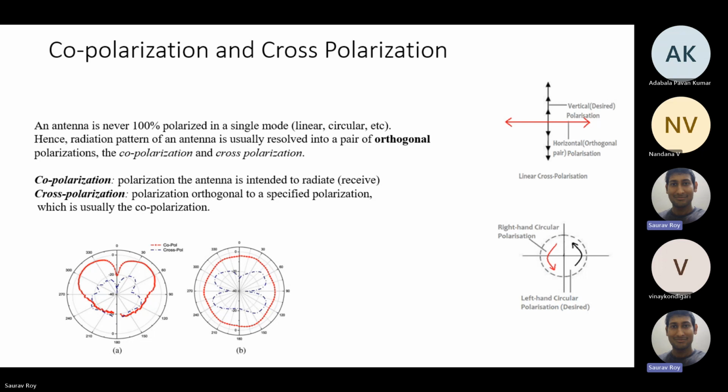Similarly, in the bottom one, you see the desired polarization is the black one, the left hand circular polarization, LHCP. But due to some other problems, we have a right hand circular also. That will be called cross polarization. Yeah, so is this part clear?